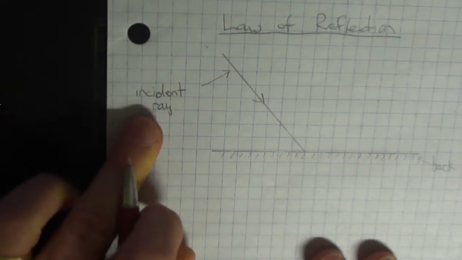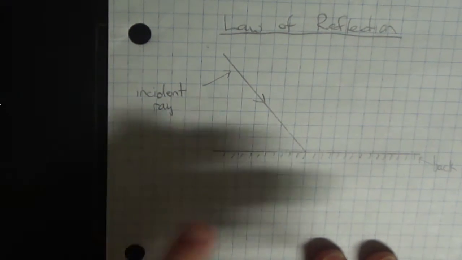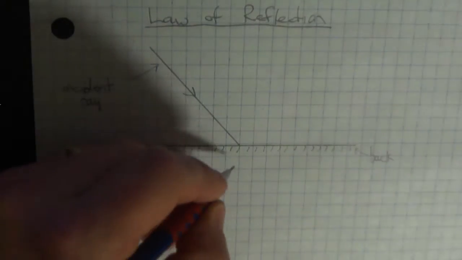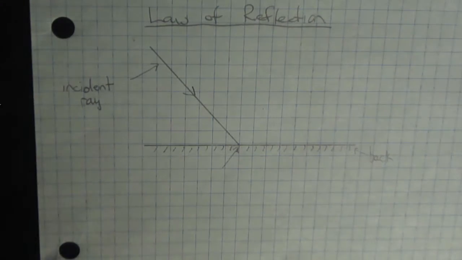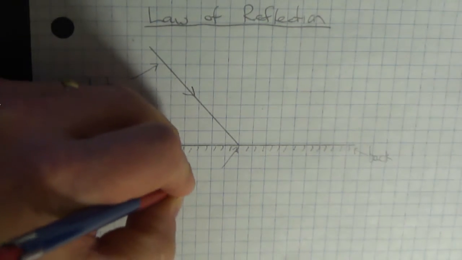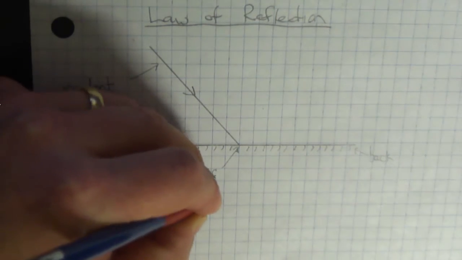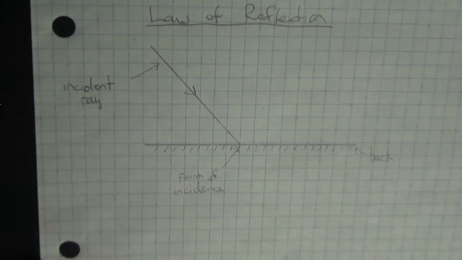Incident means incoming. The ray that's coming in. This spot right here where the ray hit is called the point of incidence. It's the point at which the ray hit the mirror.